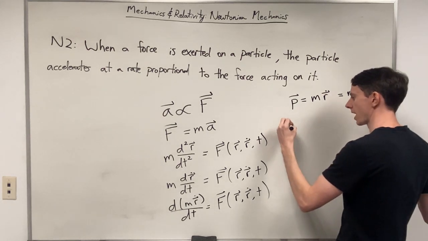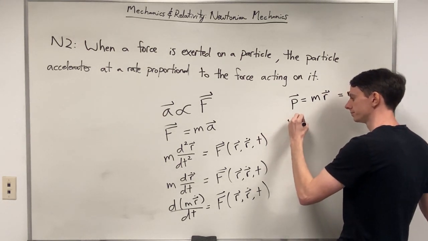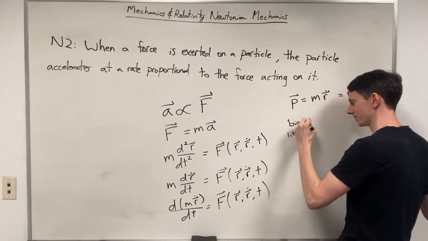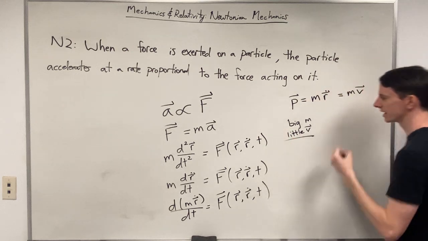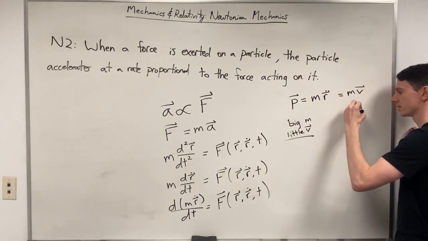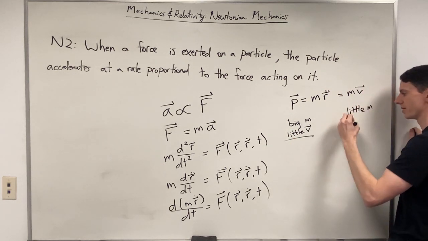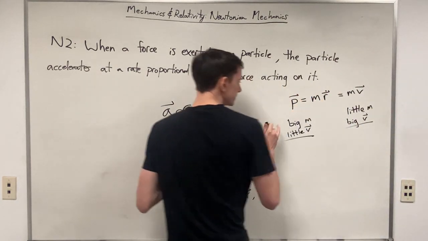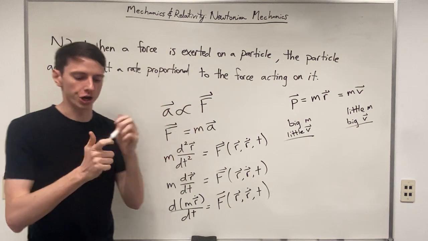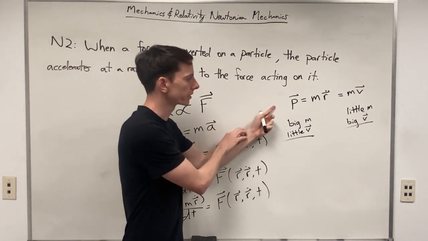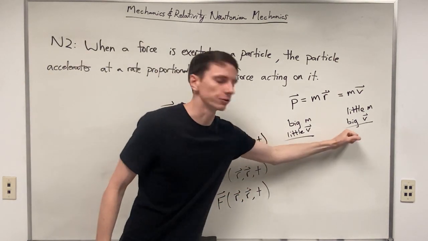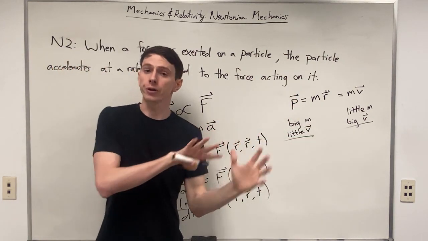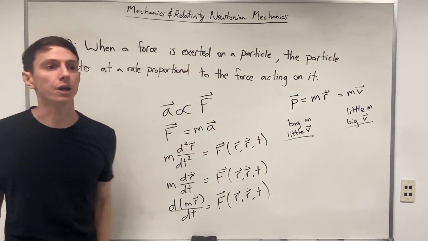Let's look at the case where we have a big M and then little v, okay? This is one case, and then the other case is where we have a little m and then a big V. As long as this big is sufficient enough to make the momentum big, then both of these cases would result in an object having a large momentum and hence being very difficult to slow down, to stop.